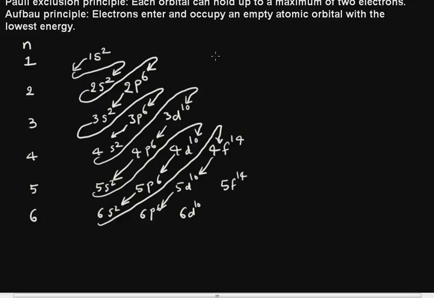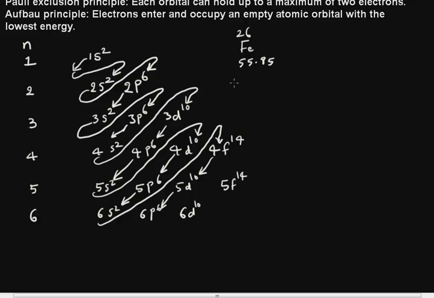So let's take an example: iron, atomic number 26, atomic mass 55.85. There are 26 electrons in iron, and let's see how we can arrange these 26 electrons in different orbitals.